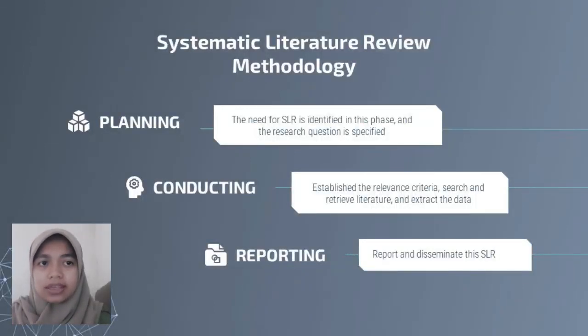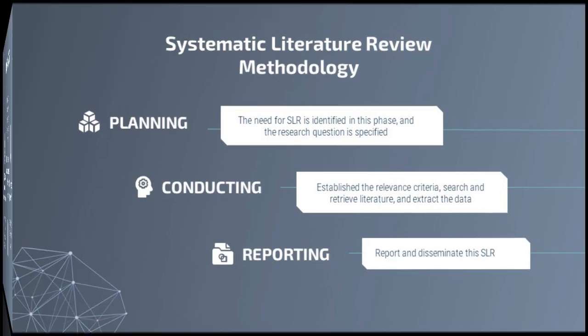The second phase is conducting. In this phase, we establish the relevant criteria, search and retrieve literature, and extract the data. And the last phase is documenting the review, where we report and disseminate this systematic literature review.